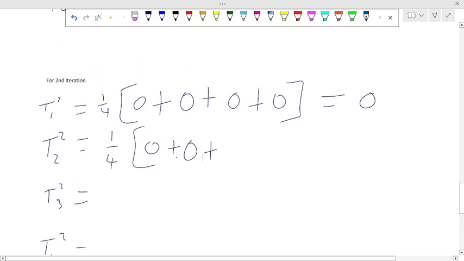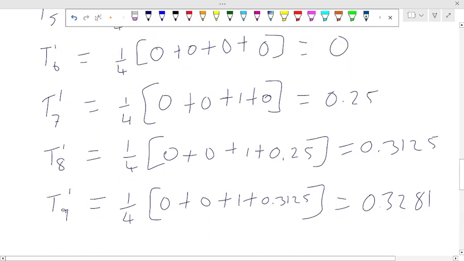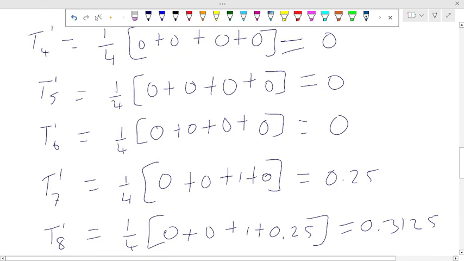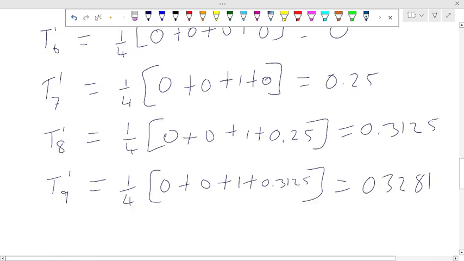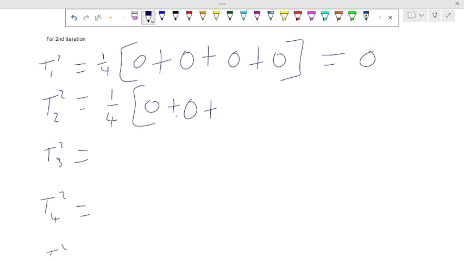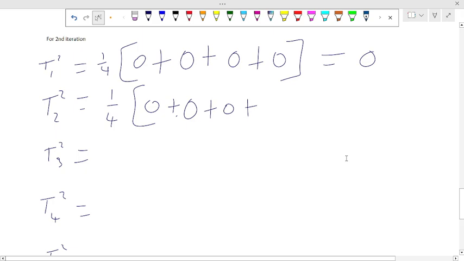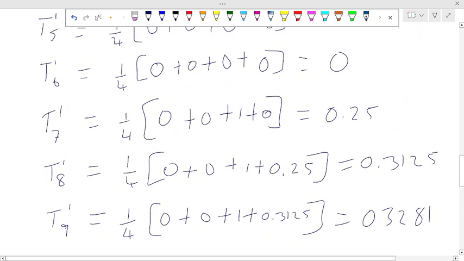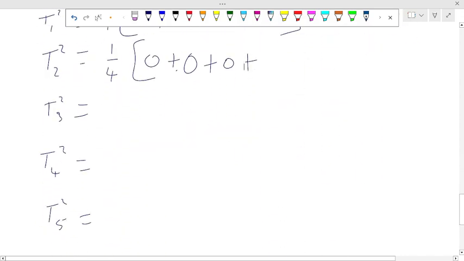Because T5 is the next one. T5, check. 0. Plus the next one is what? T6, check. 0. Okay, 0, and that equals 0.